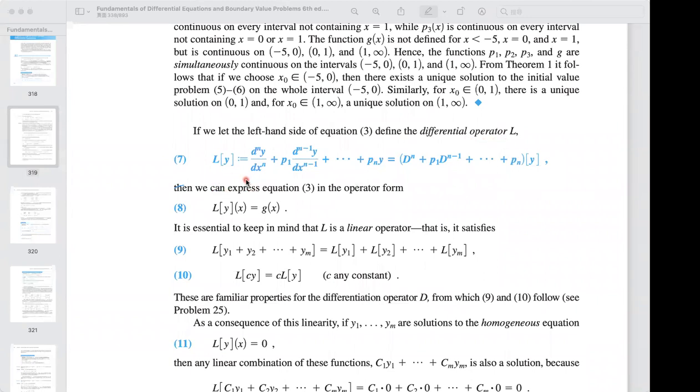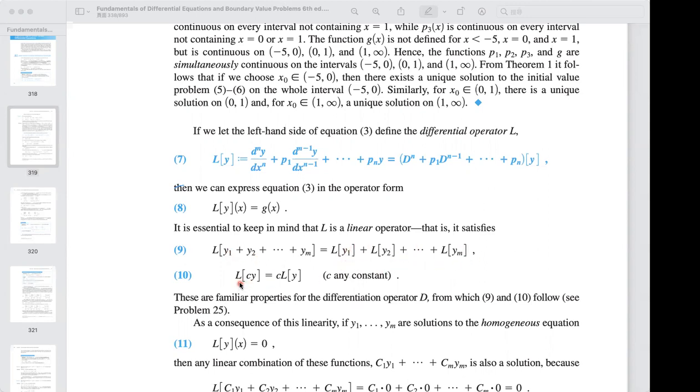What does it mean, linear? The linear operator always needs to satisfy the following two properties, property 9 and property 10. That means if L works on the sum y1 plus y2 plus dot dot dot plus ym, it will equal L working on each individual y, then summed up.